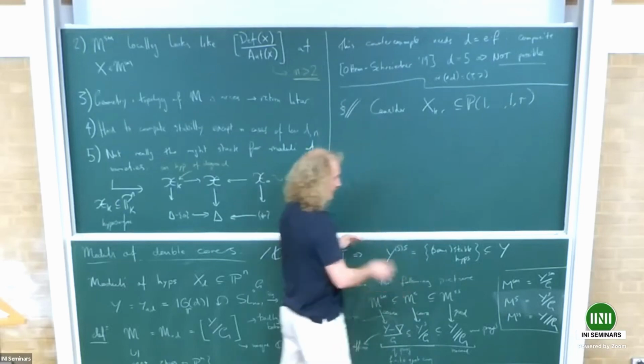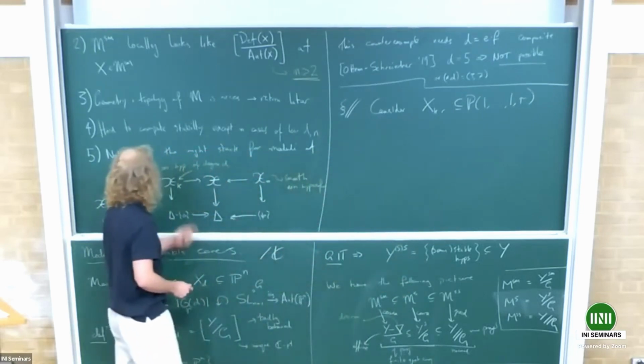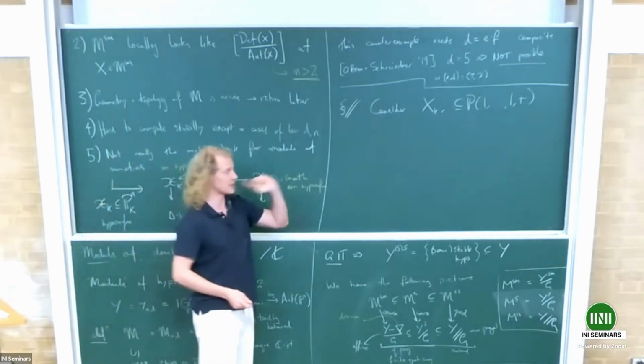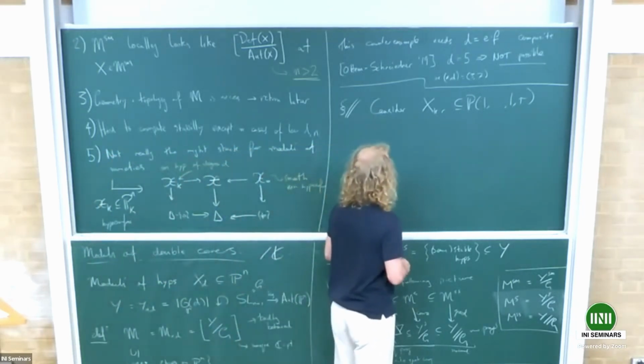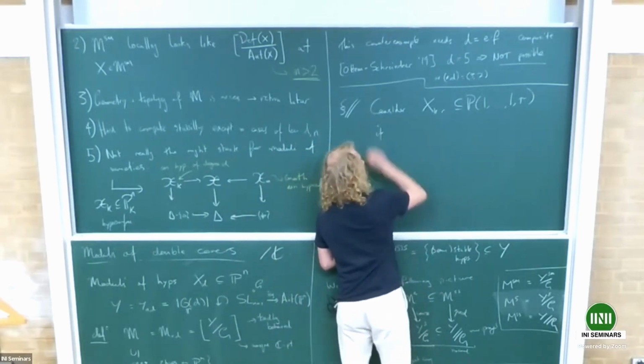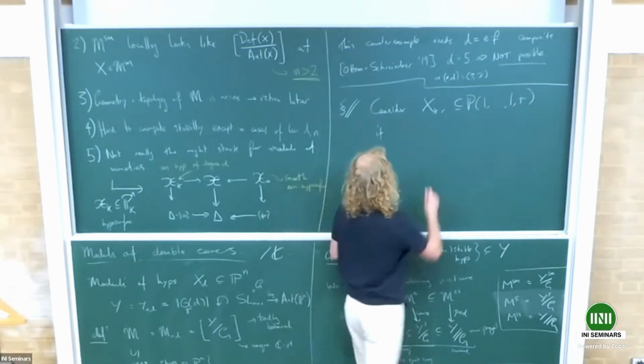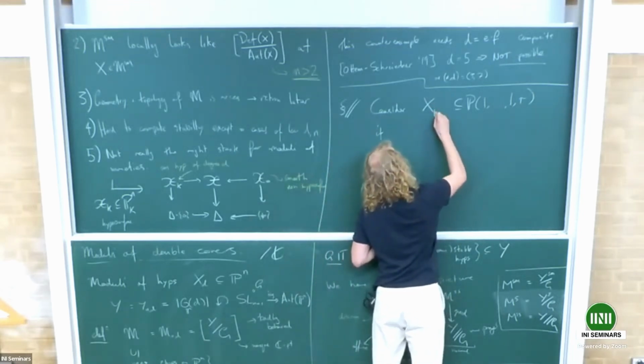We're going to try and play this whole game and see how much we can recover and what we can say about geometry and topology in cases which look like this. Here, this is K multiplied by R, so this is the degree.